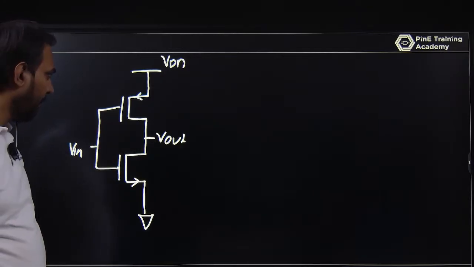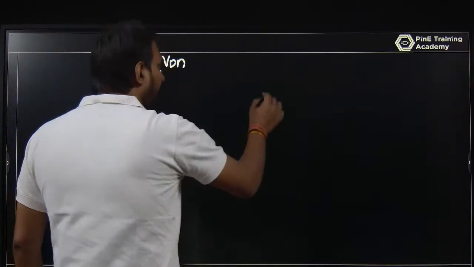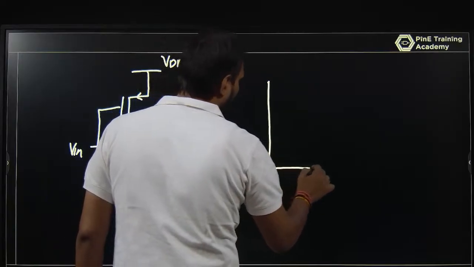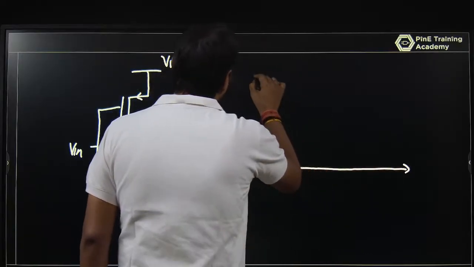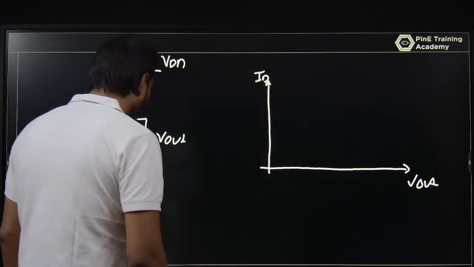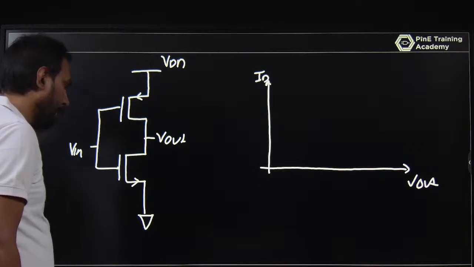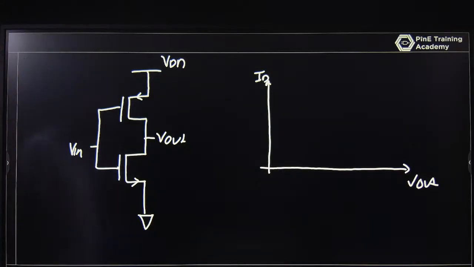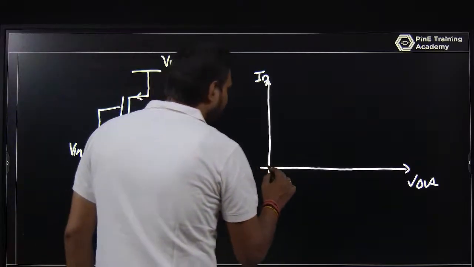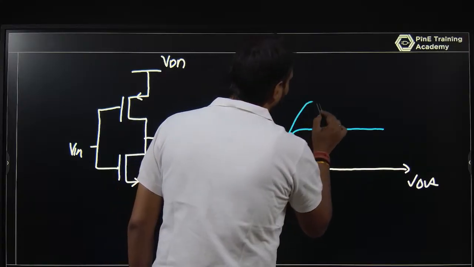So what is the beauty of that circuit? Just think in such a way. You have ID versus Vout. If you look at this circuit, VGS is Vin here, and due to this you will find that the current is like this, or like this as per the circuit you have.